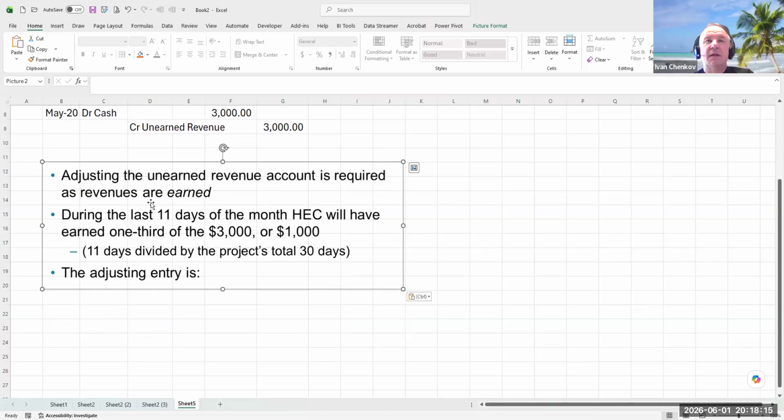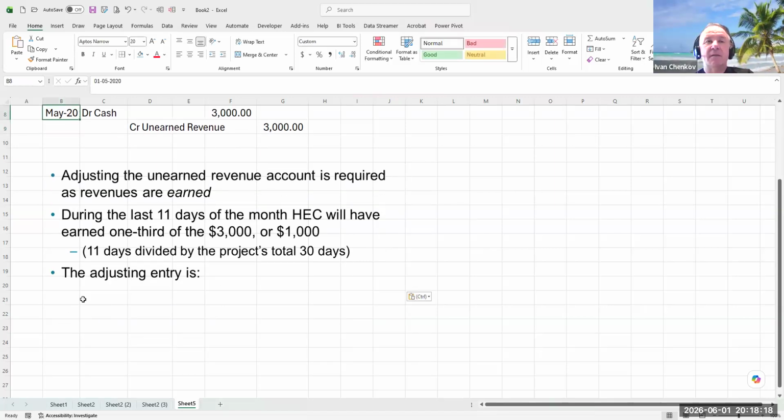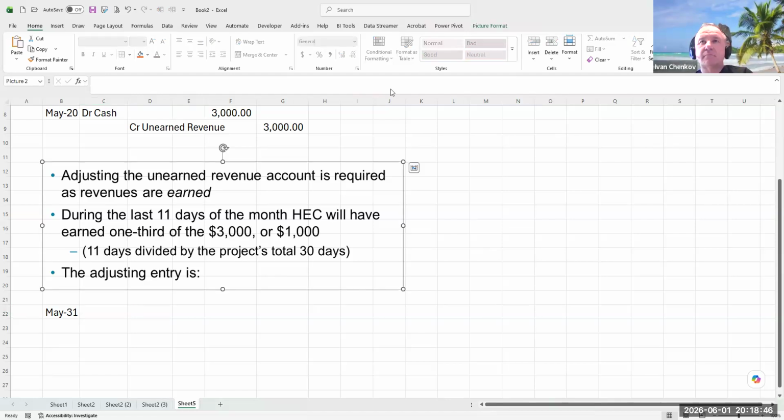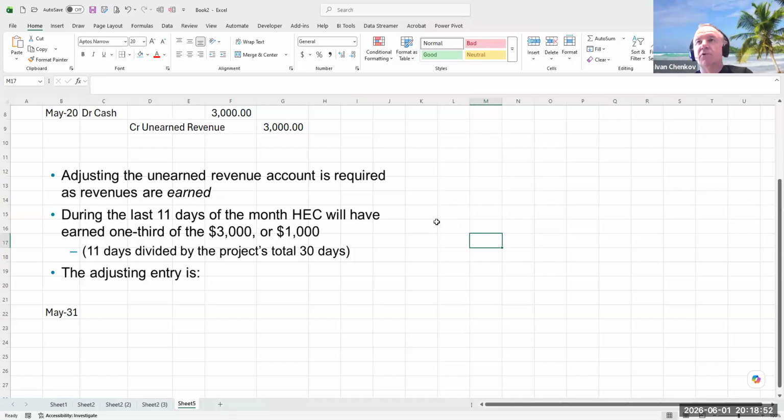So what's the journal entry? 11 days from May 20th makes us May 31st. What's going to happen on May 31st? We have to earn something, right? How much do we earn? Can you see? 1,000. No questions about it.